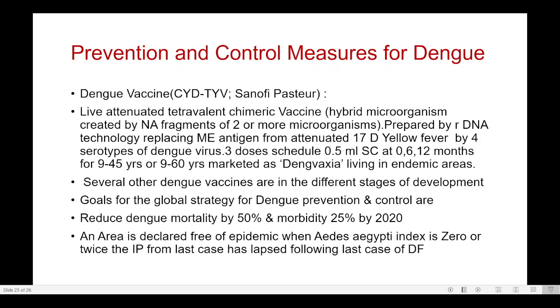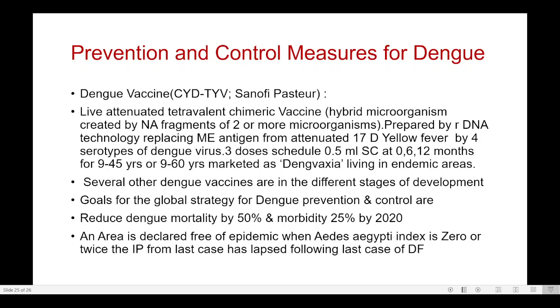There is a 3 dose schedule: 0.5 cc subcutaneous given at 0, 6 and 12 months for either 9 to 45 years or 9 to 60 years, depending on the marketing. Which one is available in the market is named as Dengvaxia. It is given in people residing in endemic areas.